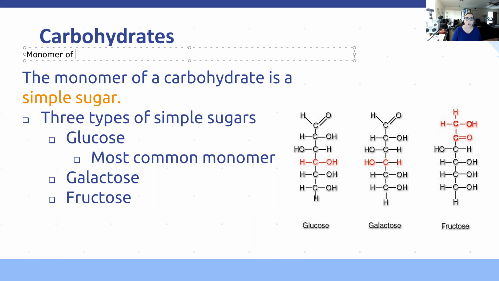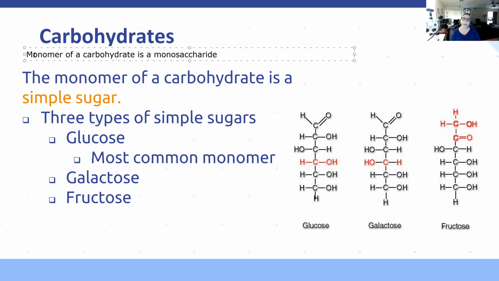So the monomer of a carbohydrate is a monosaccharide. So the word saccharide means sugar. Mono means one. Now, it's a little bit confusing, but these monomers of carbohydrates have different terms. So they could be called monosaccharides, but we also call them simple sugars.